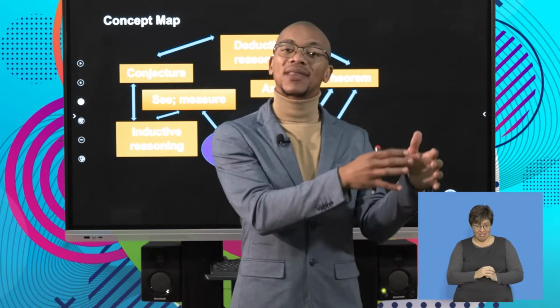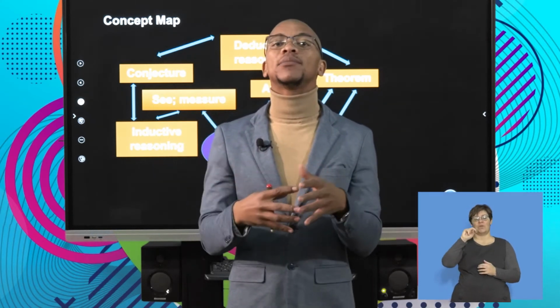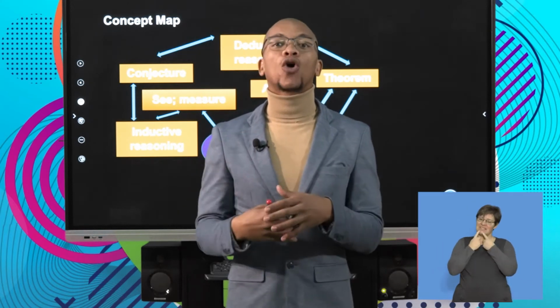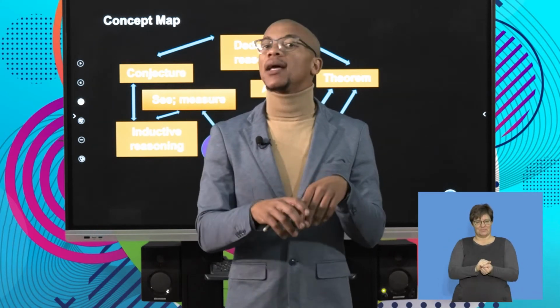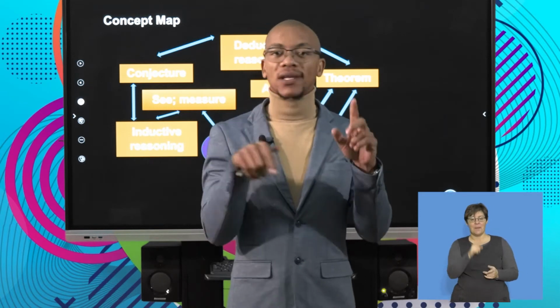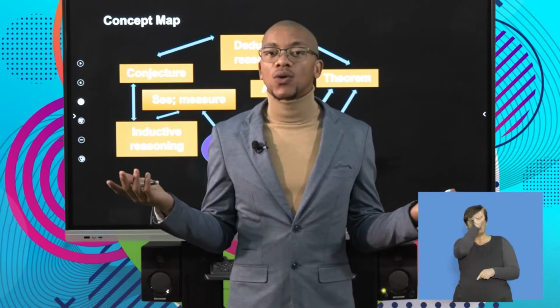And then from there, that leads to what we call a conjecture, which will then be a statement based on repeated observations that we actually saw. And then it leads to a conclusion, which will be maybe every time I add all the angles, they must give me 180 degrees, like we've just spoken about, and which will then be considered as a theorem, or rather a property of a triangle. So that's what inductive reasoning is about.